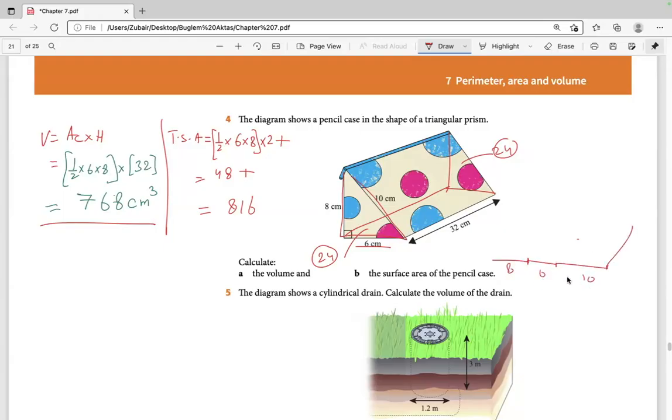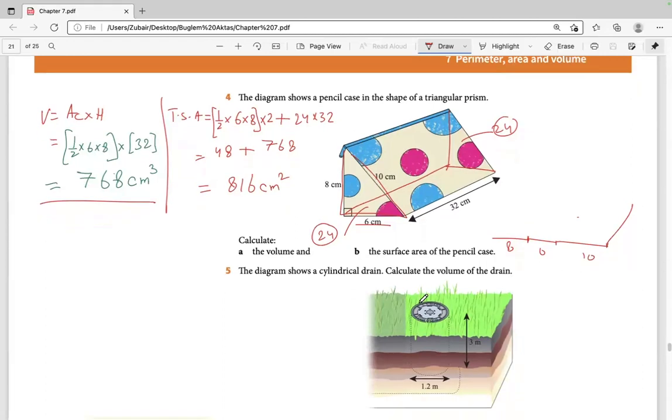If I just add 8, 6, and 10, it is 24 into 32, and we get the same answer. We may have different approaches, but we'll get the same answer. This is not compulsory. Any method you choose is allowed.